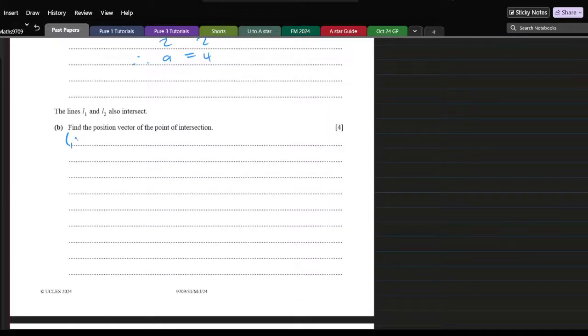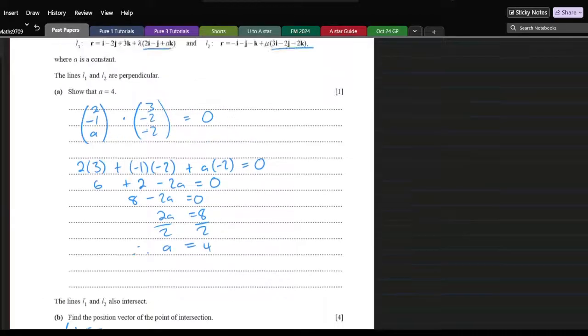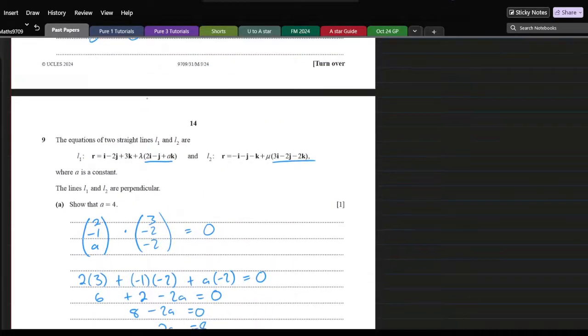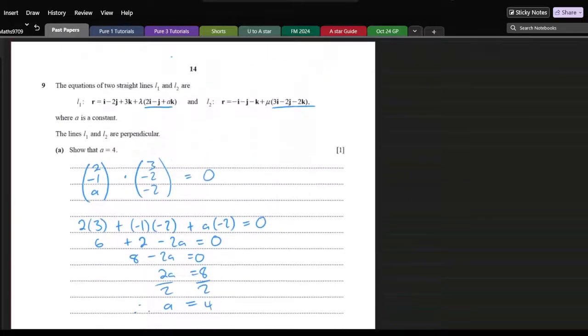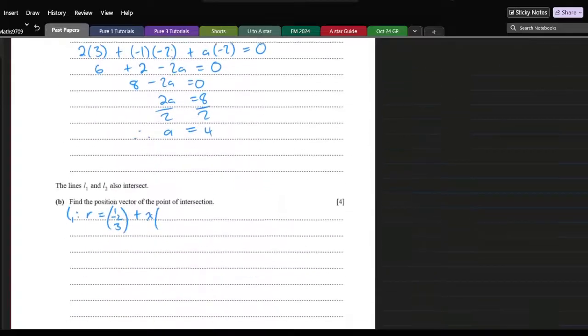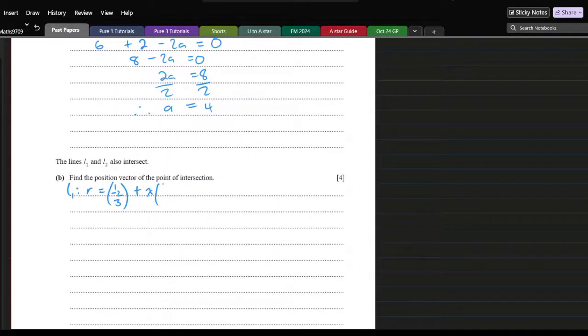L1 is r equal to, I'll write it as a column vector again, (1, -2, 3) plus lambda, and the direction vector is (2, -1, a), we said a is 4.